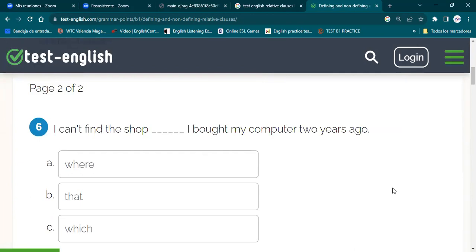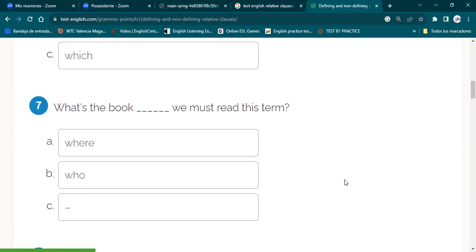Eduardo, I can't find the shop I bought my computer 2 years ago. Where, that, or which? Where. Guido, that's the book we must read this term.